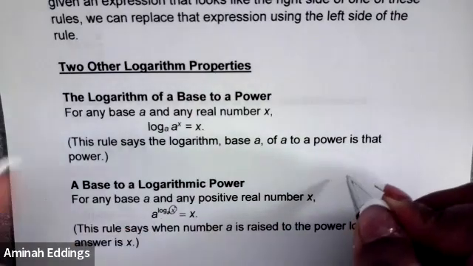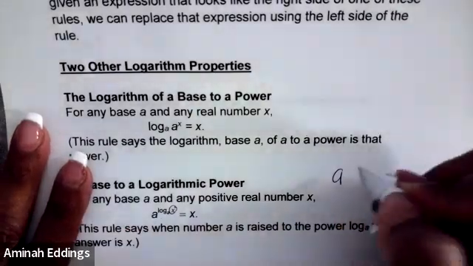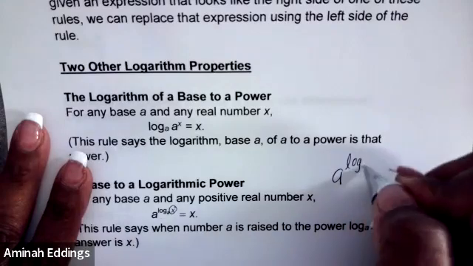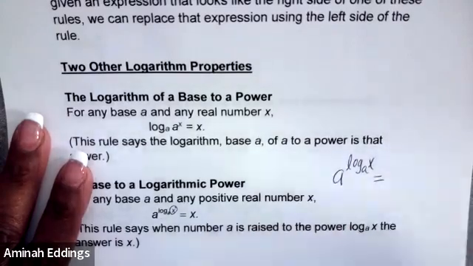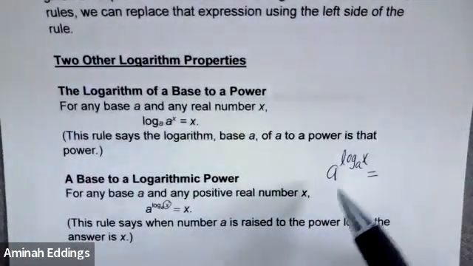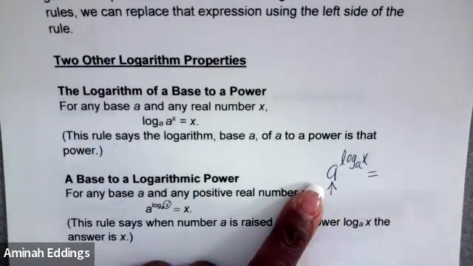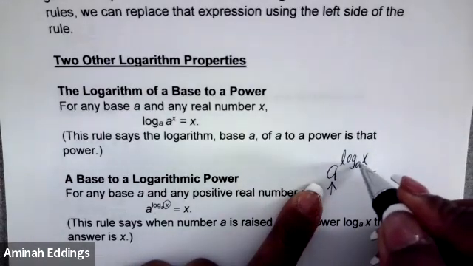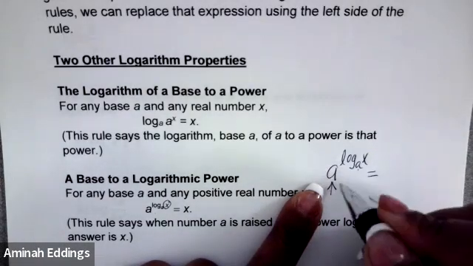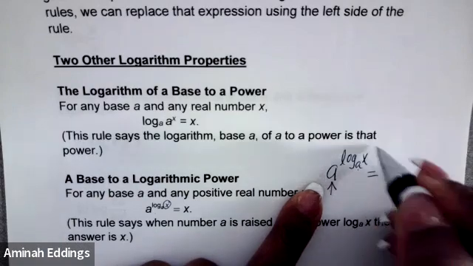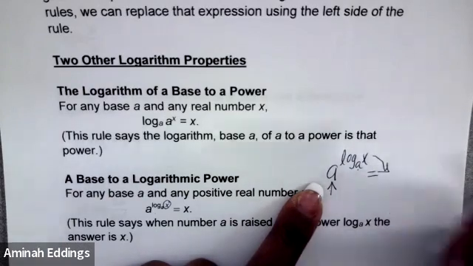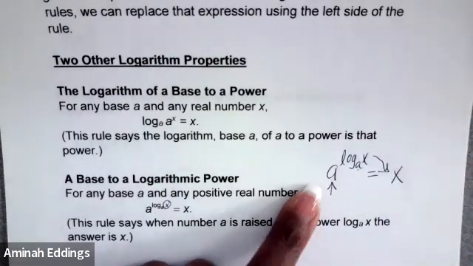So I have a to the exponent of log base a of x. My base here is a. Remember, your base is that big number that you raise to that exponent. And then the base of my log is a. Because my bases are the same, my answer is what I was taking the log of. So that's x.